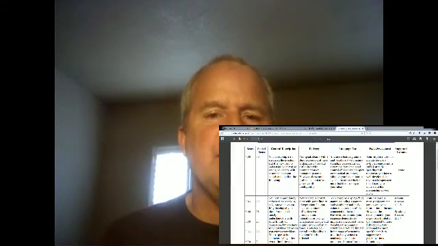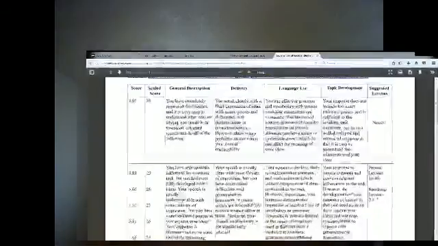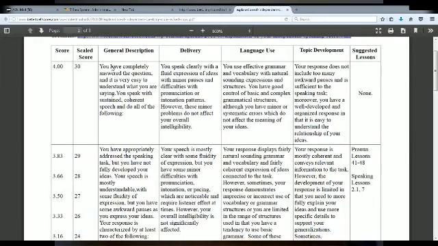Okay, so let's take a look at the rubrics on this one so I can give you a score here. All right, let's take a look and see what we have here. So I think delivery, you speak clearly with fluid expression of ideas with minor pauses and difficulties.